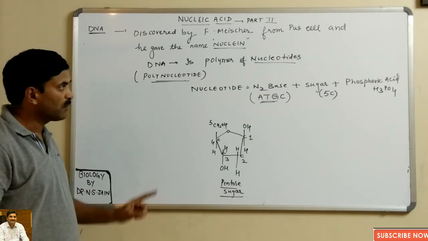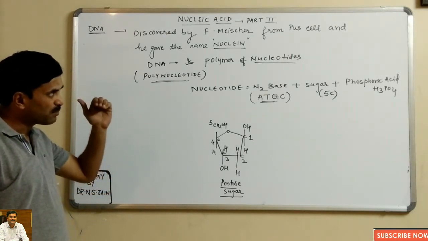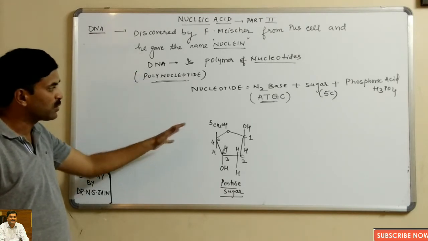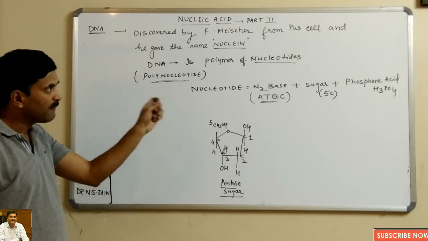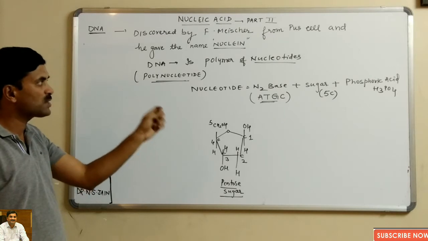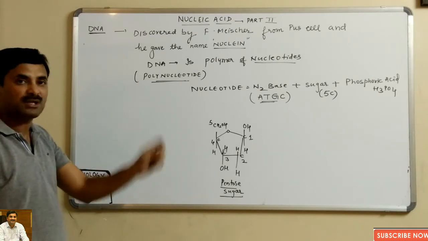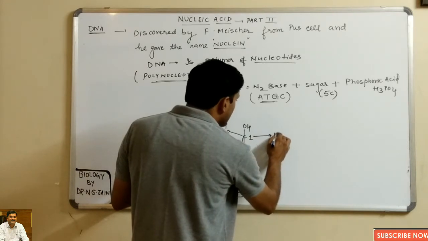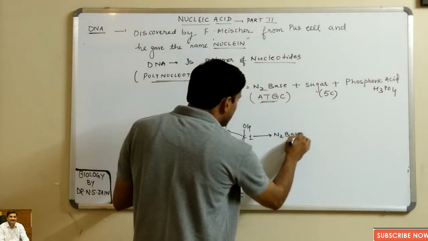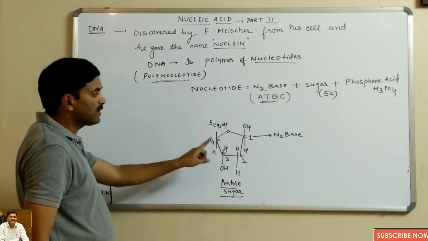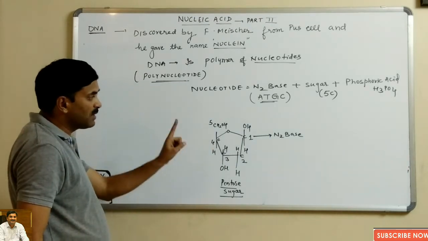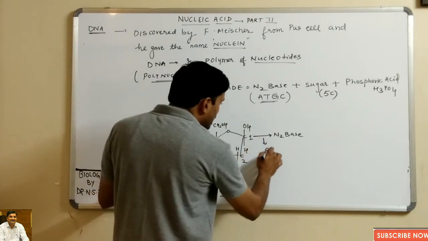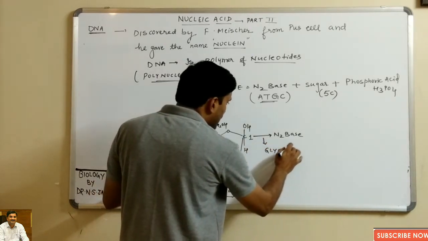Before we discuss the DNA in detail, you must know where the phosphoric acid and where the nitrogen base is attached to the sugar. So always remember that the nitrogen base is attached to the C1 of the sugar, and it forms a glycosidic bond.